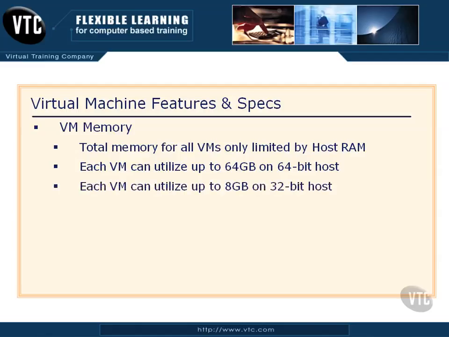Each virtual machine, if you're in a 32-bit host environment, can use up to 8 gigabytes. This is somewhat of a limiting factor, and you need to watch for this. Although, and it makes me feel really old to say this, 32-bit hosts are starting to go by the wayside now, especially in a corporate server environment. You almost don't see 32-bit hosts anymore, except the legacy ones.